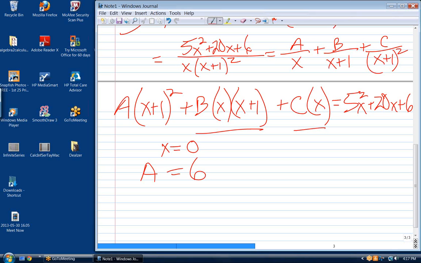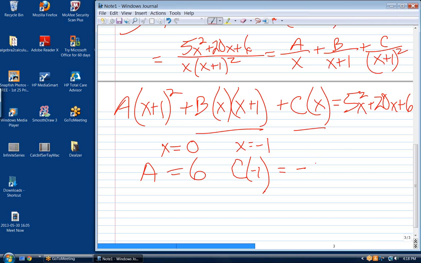Okay. Now, if I want to solve for C, I can let x equal minus 1, and the A term and the B term will disappear. So if I let x equal minus 1, then C times minus 1, both of these terms will disappear, and I will have over here, that's going to be equal to 5 minus 20 plus 6.